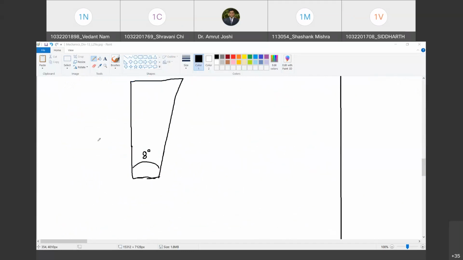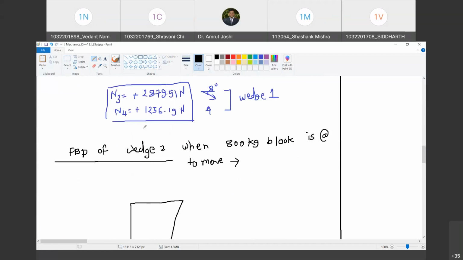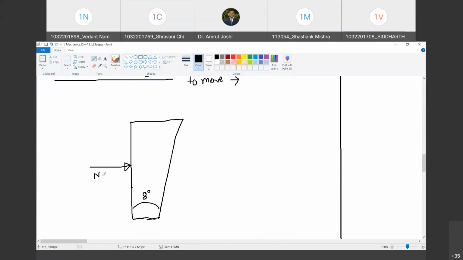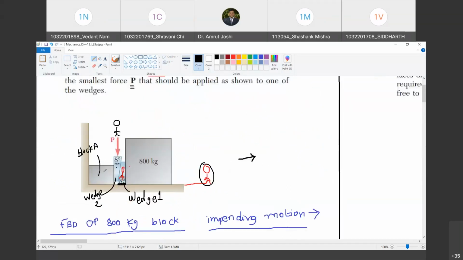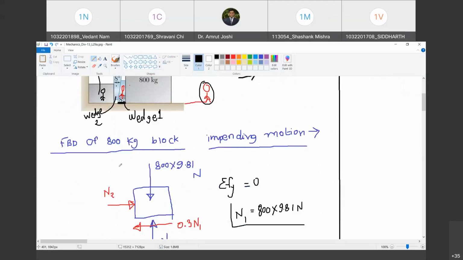So therefore, on this surface, you are going to have two reactions. One is, how far have we used? We have gone up to N4. So I will call this N5. Happy? Yes, sir. I am now interested in finding out the frictional force applied by block A on wedge 2. Therefore, I will station the observer on block A. As wedge 2 moves down with reference to block A, the observer will observe the wedge coming down, and therefore the frictional resistance offered by block A on the wedge will be upward.